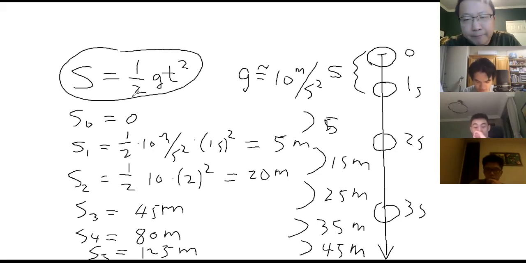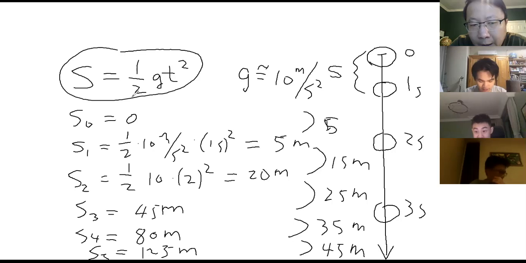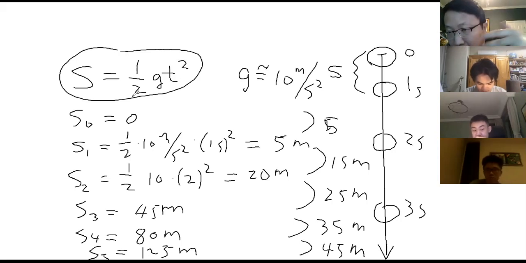Okay, got it? So now my question is, what is the speed or velocity at, for example, exactly 4 seconds after I release the ball? What is the velocity or speed? Can you do that calculation? Give it a try.